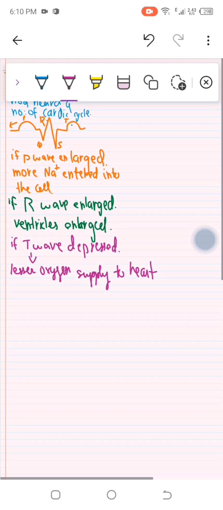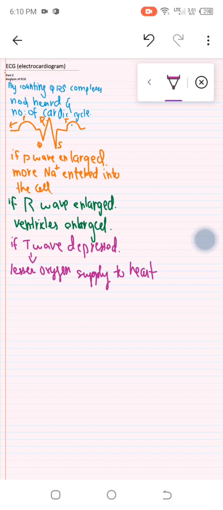Fine. Now we are going to see the analysis of the segments and intervals present in the waves of the ECG. How can we easily analyze them?